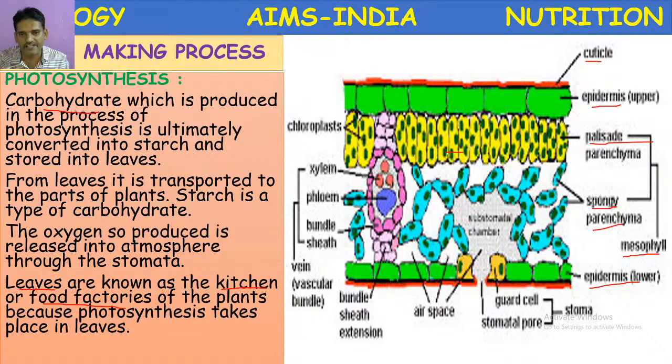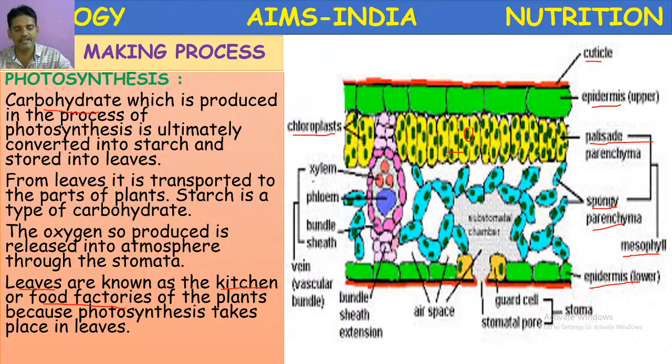So chlorophyll is arranged like this in the palisade parenchyma. Spongy parenchyma also contains chlorophyll, but palisade parenchyma contains a greater number of chlorophyll in structures called chloroplasts. These structures are called chloroplasts, which are green in color. And the leaf receives water by means of vascular bundles.